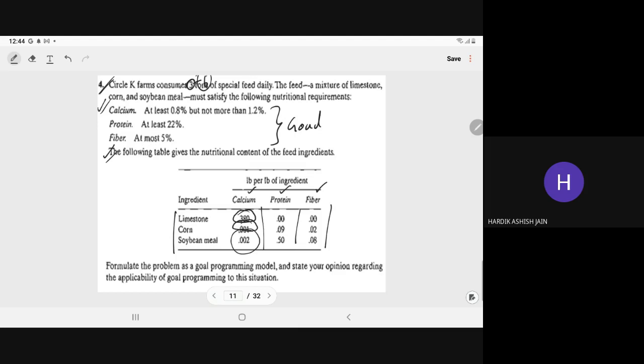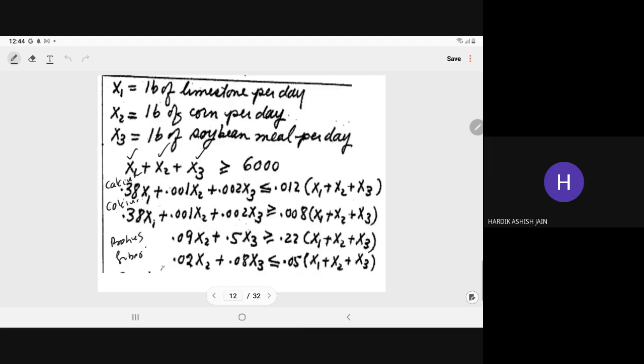The requirements are at least 0.8% and at most 1.2%. So the total calcium is 0.38 x1 plus 0.01 x2 plus 0.02 x3, and that must be at most 1.2% of the total.